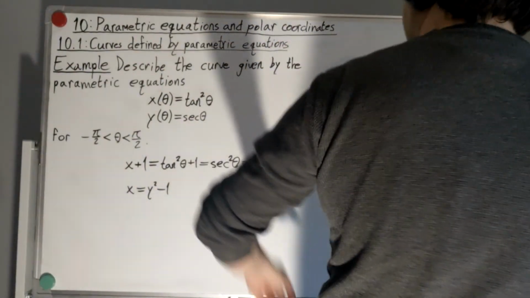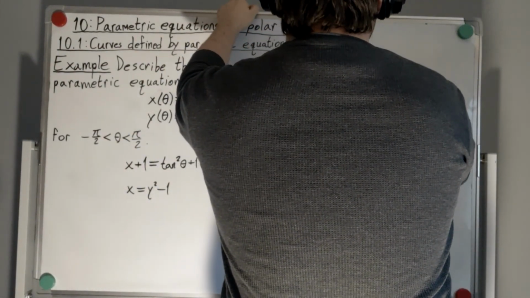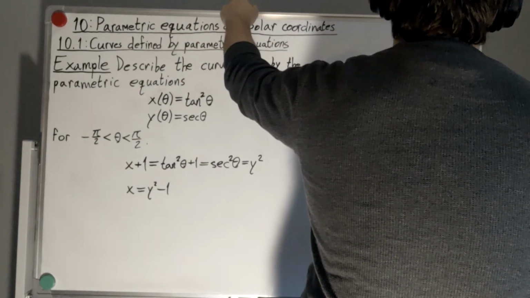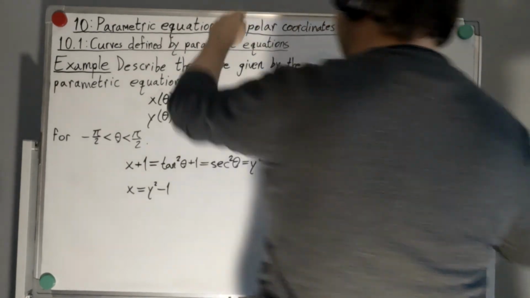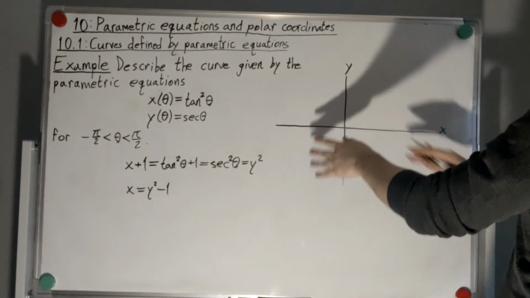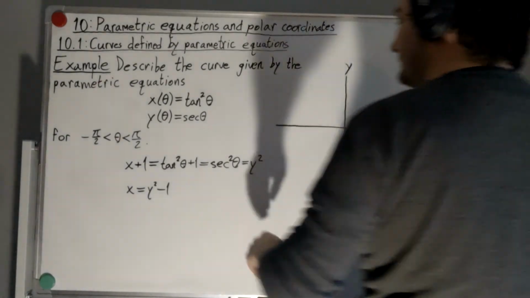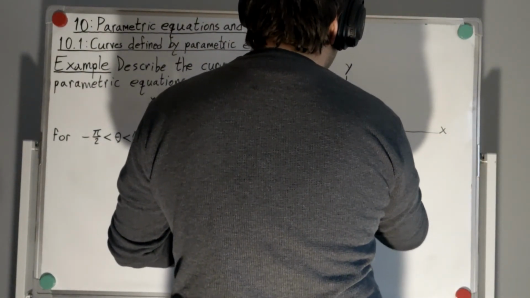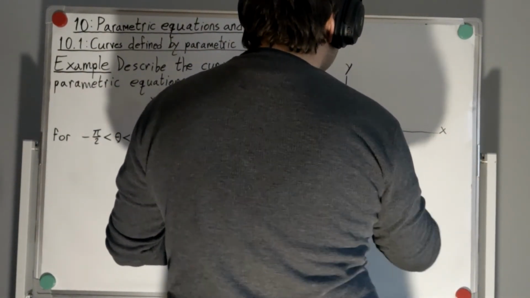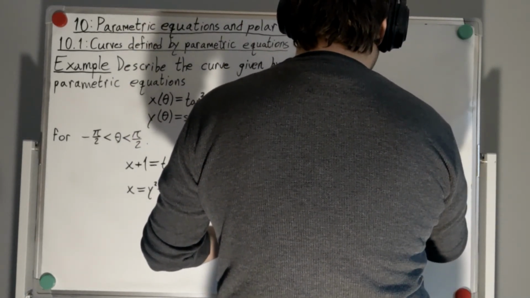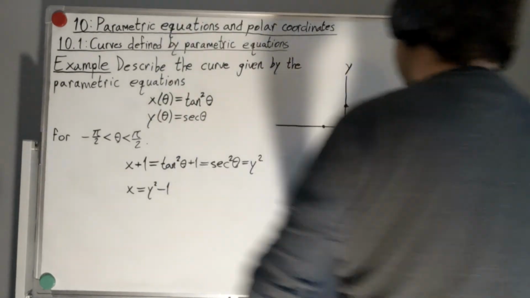Okay. Now let's see here. If we were to graph that parabola in its entirety, its axis of symmetry would be the x-axis. It would open upward along the x-axis. Its vertex would be at negative 1, 0. It would pass through the points 0, 1 and 0, negative 1.